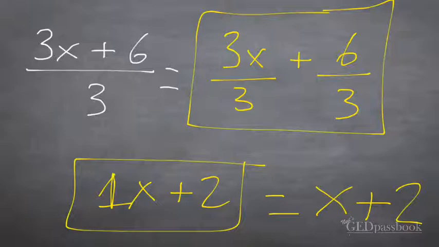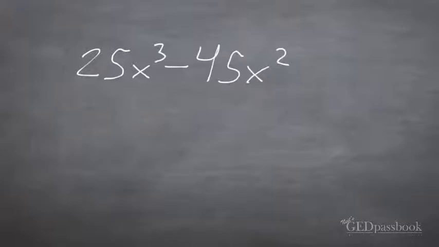You just divide the numbers. But again, the confusing part is when the bottom has a variable, which is this example right here: (25x cubed minus 45x squared) over 5x.